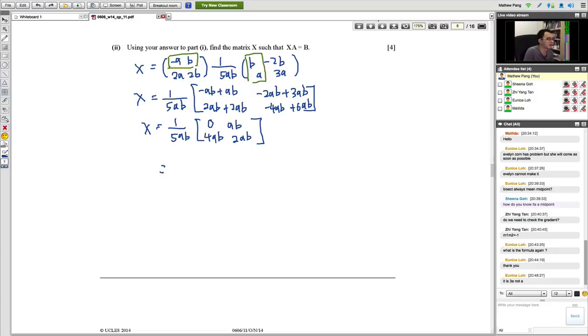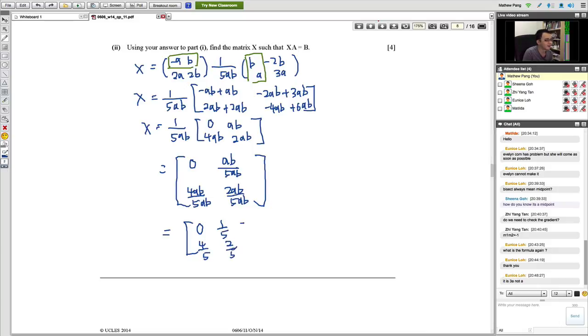So I multiply 1 over 5AB into it. So first I will get 0 for this one. So this one is AB over 5AB, this one is 4AB over 5AB, this one is 2AB over 5AB. Then you can actually simplify all the AB, right? This is 0, 1 over 5, 4 over 5, 2 over 5. Okay, done. This is the matrix for x.